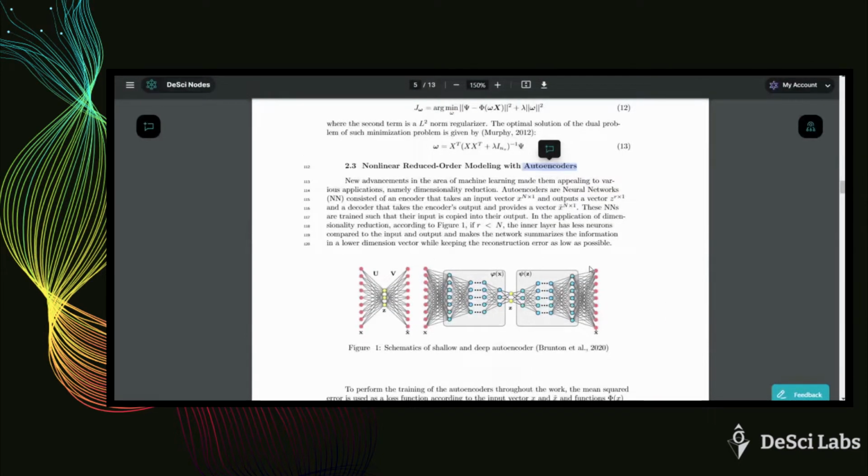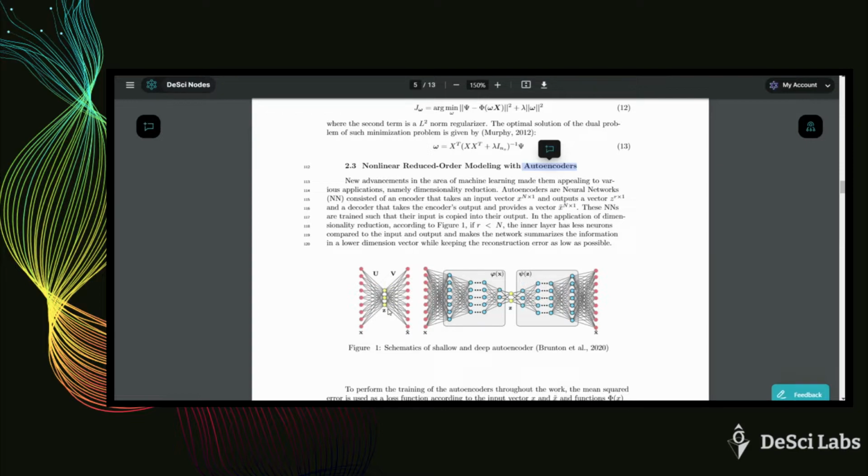Since we are working in this reduced order modeling domain, we need to have this Z vector, which is called the bottleneck of the network, with fewer neurons than the input and output. The interesting point from comparing this figure and the right figure is that if you have just one hidden layer in the middle and use linear functions to come up to this Z vector, it would be the same as PCA.